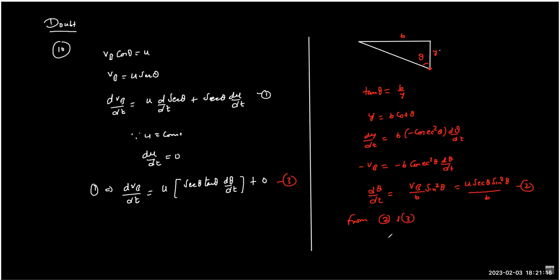From 2 and 3, sec theta is 1 by cos theta, tan is sin by cos, and then d theta by dt is U, this is U square by B tan cube theta. So B is the answer.